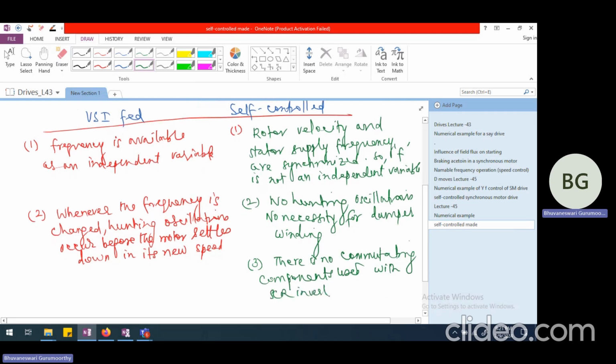That means it is going to function as a line commutated inverter, so the machine has to work at leading or unity power factor.